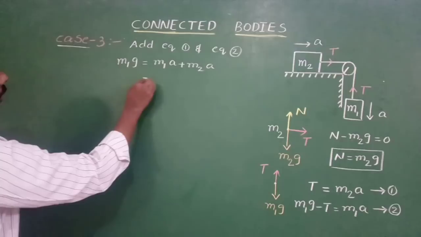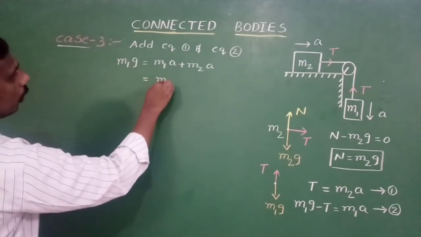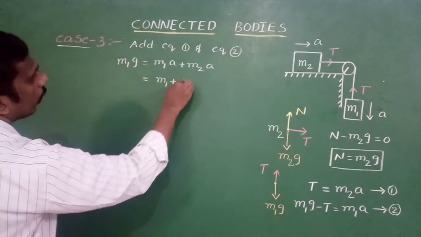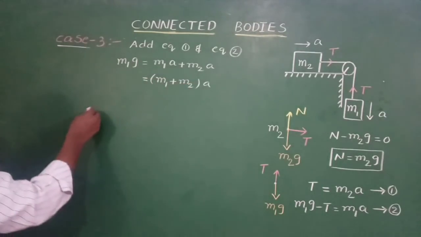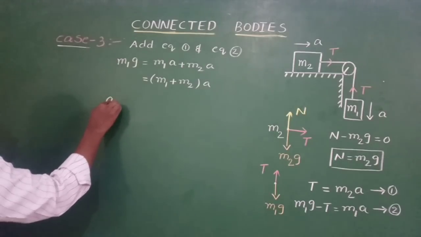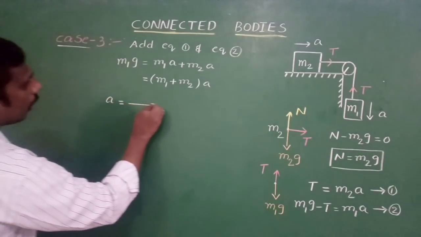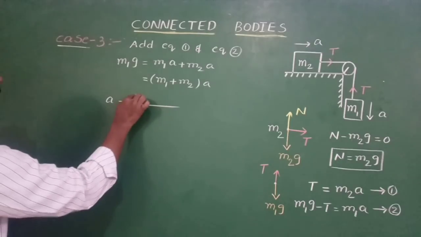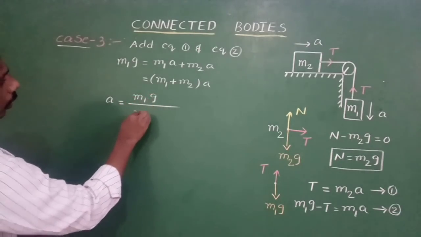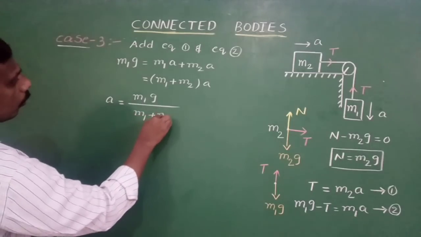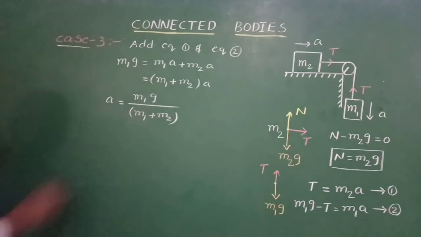Take a common in this equation, then you get m1 plus m2 into a. Finally, we can write acceleration a is equal to m1 into g divided by m1 plus m2. This is the acceleration of the blocks.